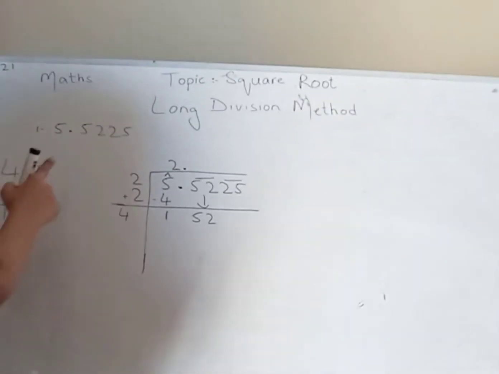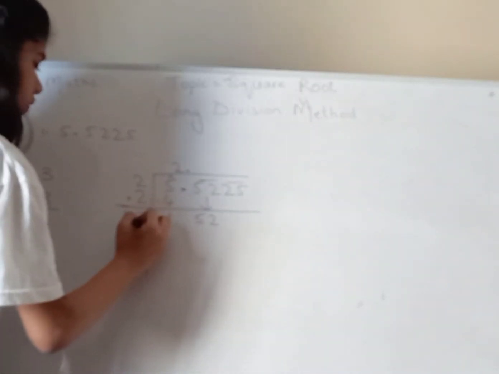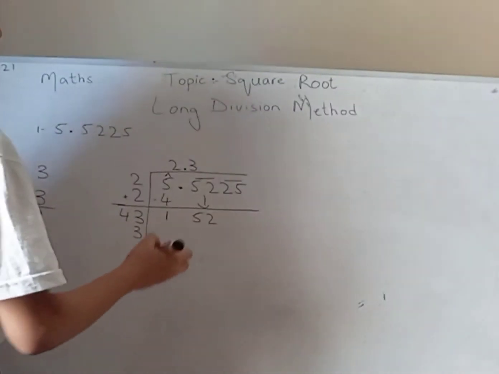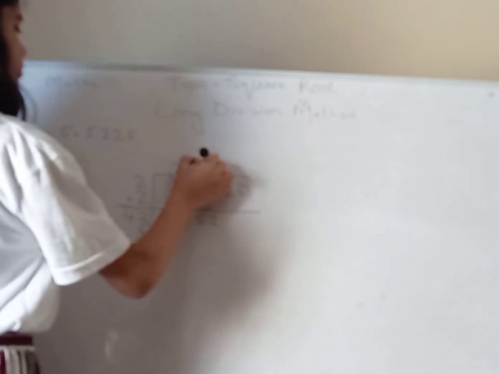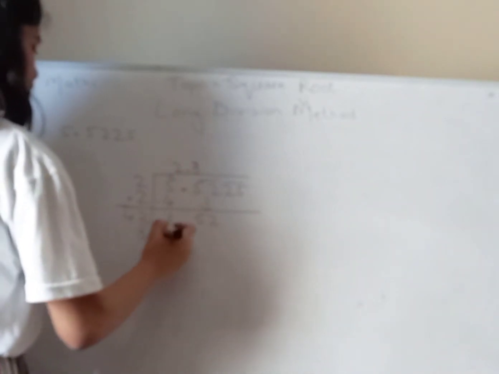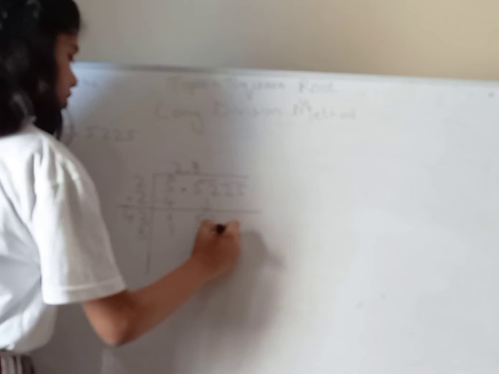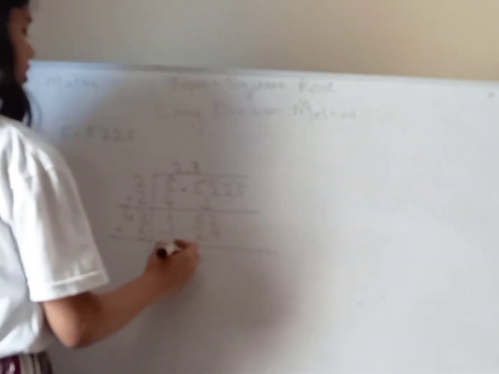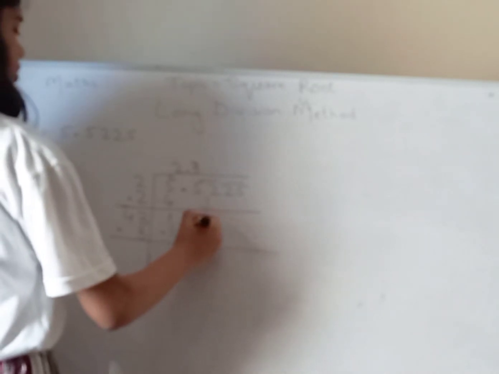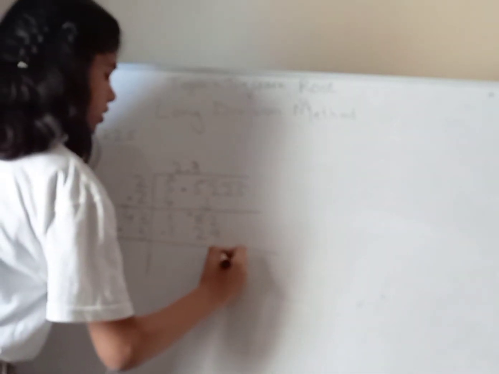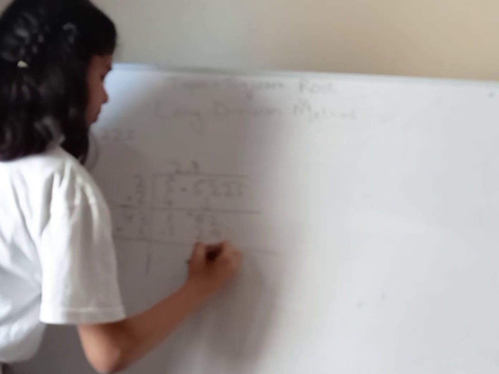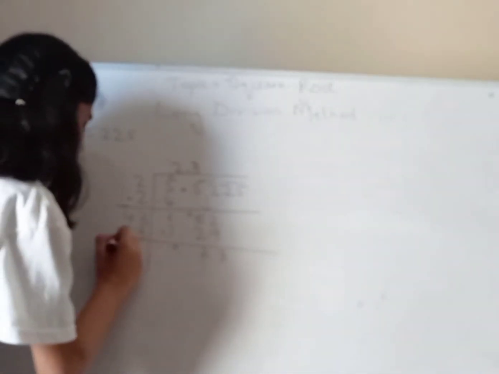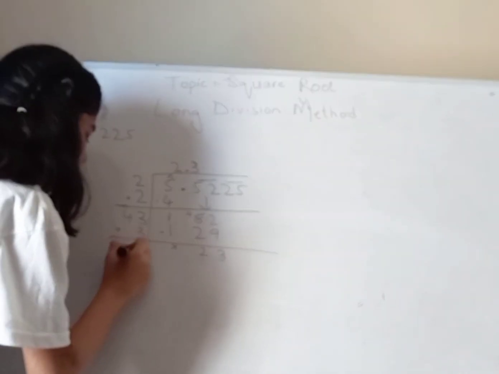We can solve it with 3. 3 over here, 2 times at the top. 129. Add these numbers and subtract them. Borrow 3, 2, nothing left over here. 4 and 6.